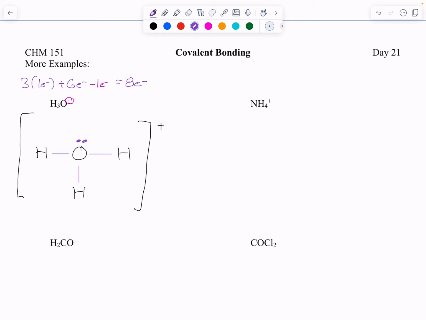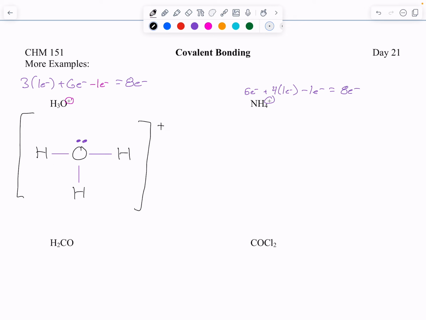Same thing now with ammonium. And by all means, if you guys pause me and try to do this without listening and then check, it's a great tool. So with ammonium, nitrogen has 5 electrons. Hydrogen, 4 times 1 electron, plus minus 1 valence electron because it's a positive charge. So that gives us 5 and 4 is 9, minus 1 is 8 electrons.